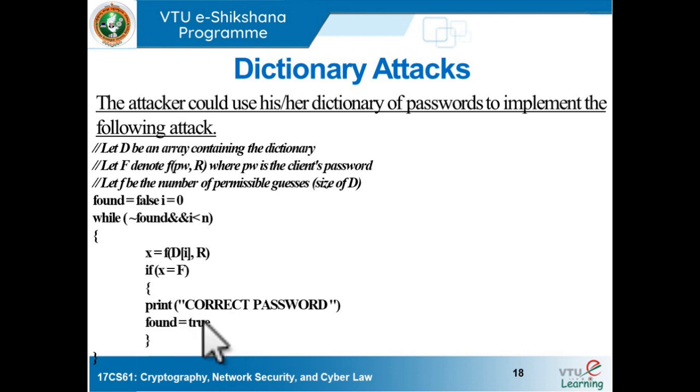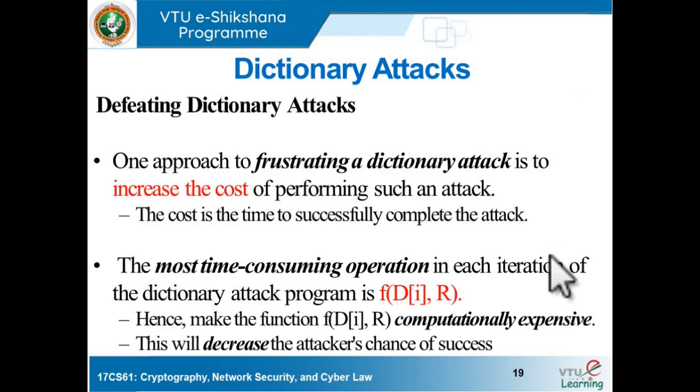That means he has found the correct password and the system returns it. This is a bit of code that is used to induce a dictionary attack. The next thing that we need to see is how to defeat a dictionary attack.